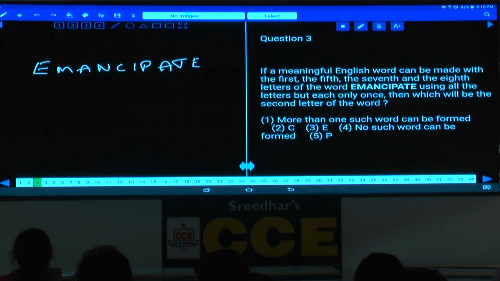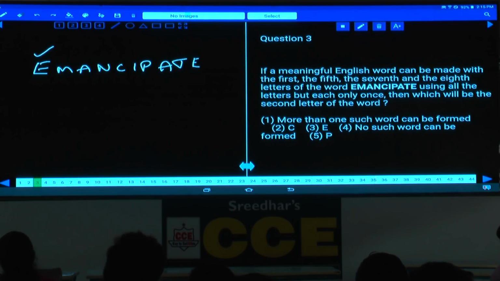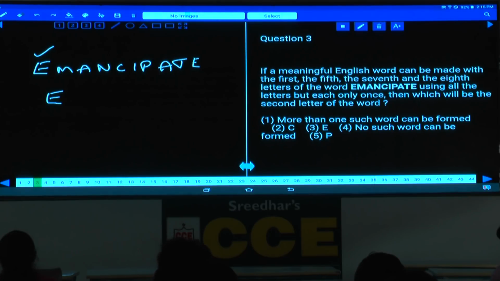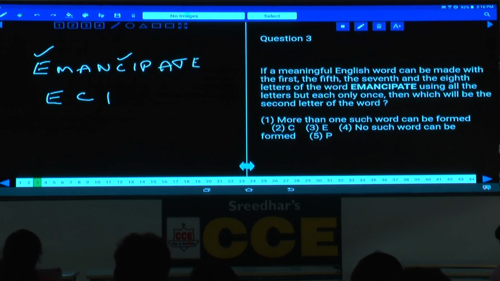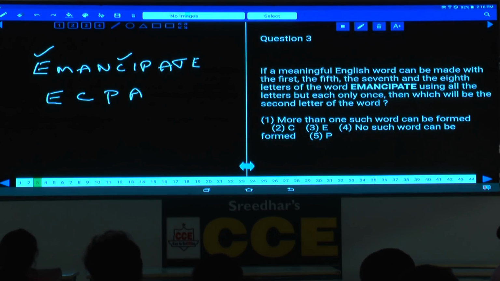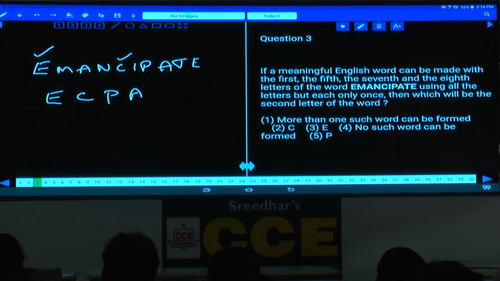Now with this word, emancipate, take the first, fifth, seventh and eighth letters of the word. Then using all the letters but each letter only once, which will be the second letter of the word? Yes, tell me the second letter of the word.